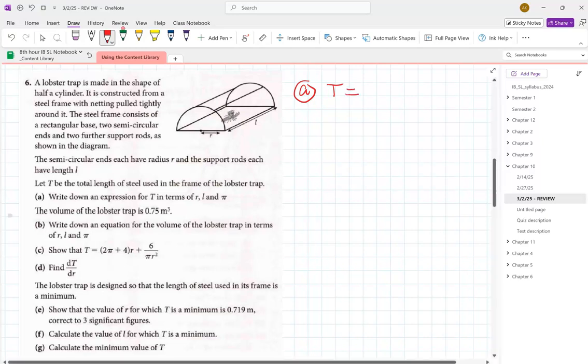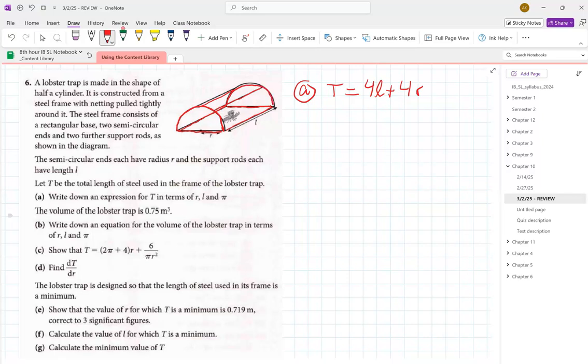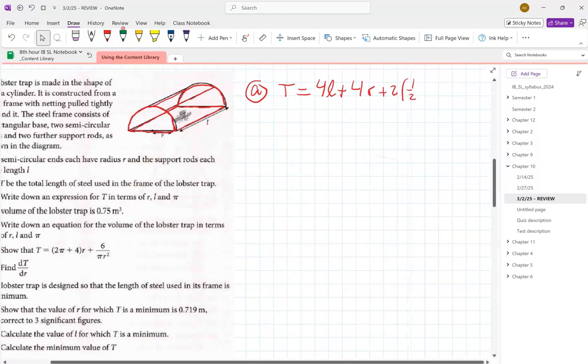So I'm just going to start counting things up. I have 1 L there, 2 L's, 3 L's, 4 L's. Everybody happy with that? I have 2r for that chunk, and then another 2r for that chunk, so that's 4r total. Everybody's good with that? Then I have half of a circumference of a circle, plus another half of a circumference of a circle. So that's 2 half circumferences.